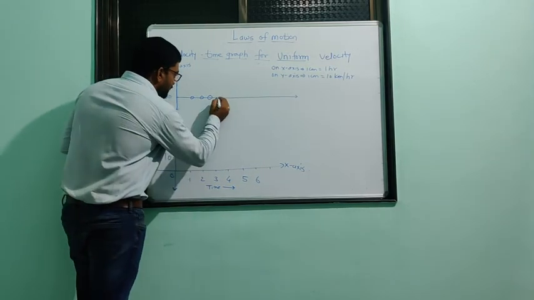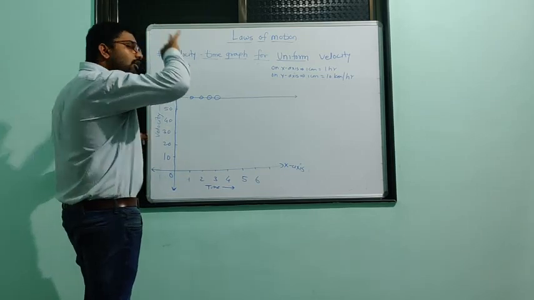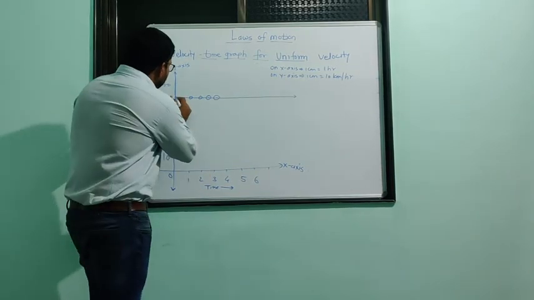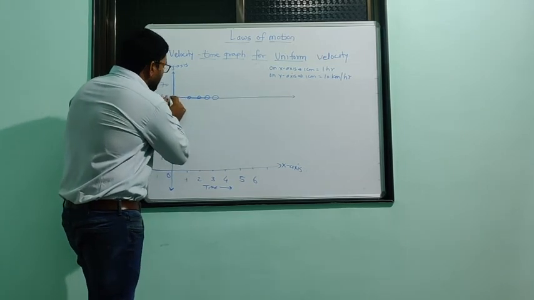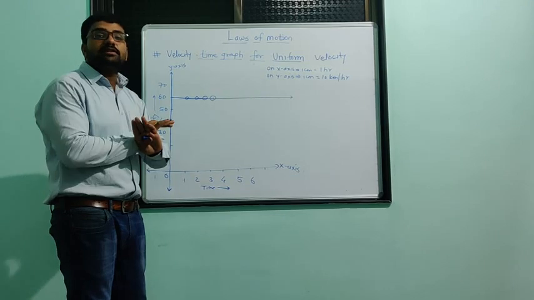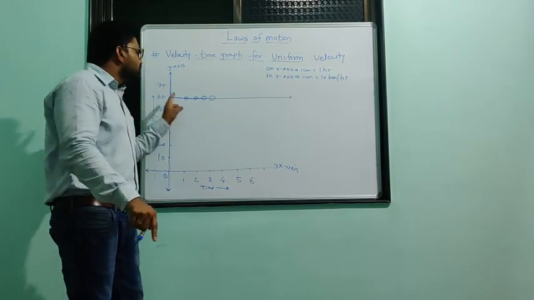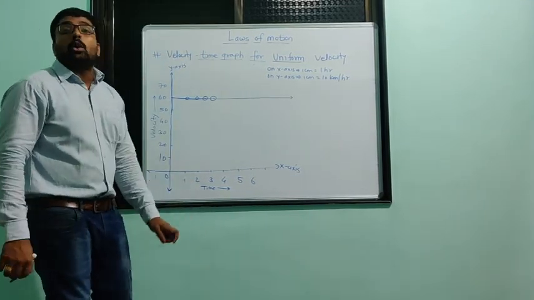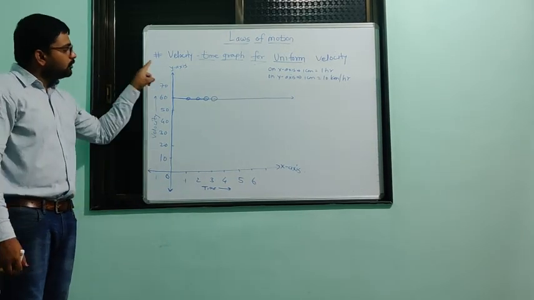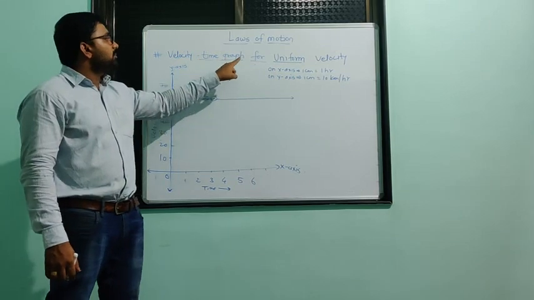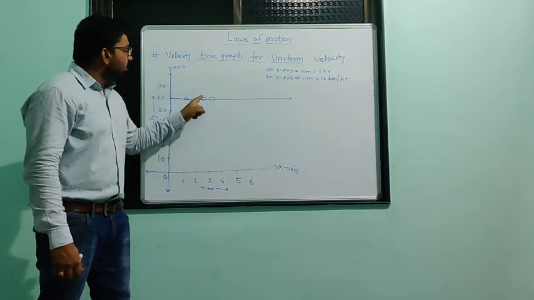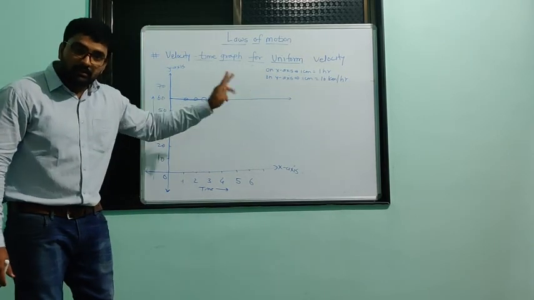For the fourth hour also, and further all the time our point will be on this straight line starting from 60, because our velocity does not change, it remains same 60 kilometer per hour throughout the motion. In such a way we draw a velocity-time graph for uniform velocity, in which velocity remains same throughout the motion.